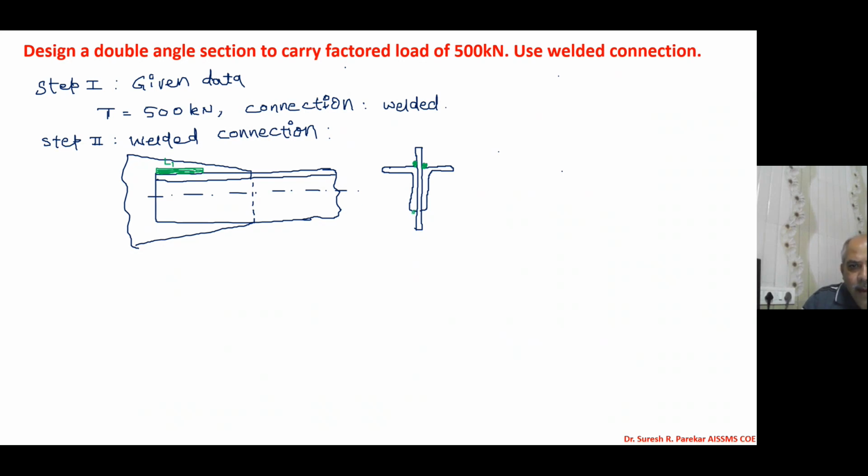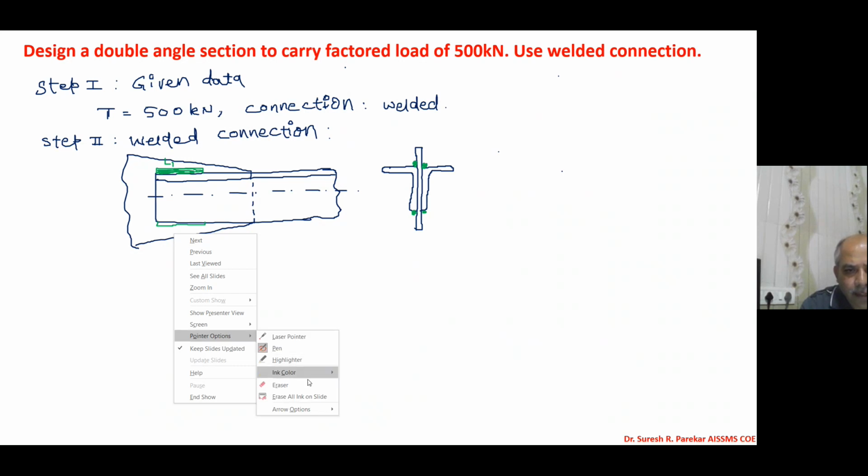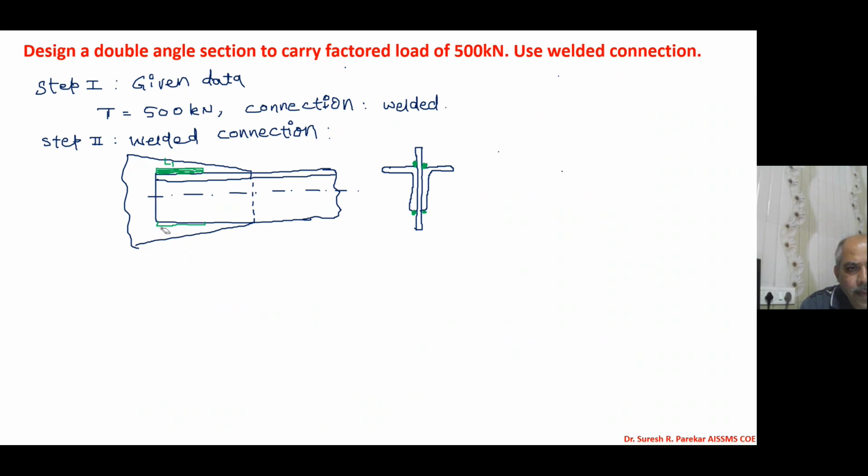And then we have bottom where I have L2 value. L2 will be smaller compared with your L1. I will plot smaller. Why L2 smaller? Because centroid, CG of this, is towards L1 and therefore this length will be more. So this will be L2.